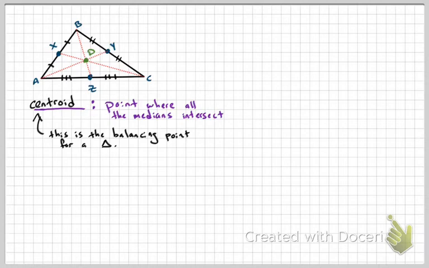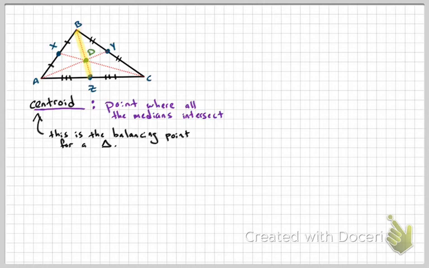So I want to draw our attention to median BZ. All right, now median BZ is broken up into two different segments. You have segment BD and segment DZ. Now, what's going to be important here is that BD's length is always going to be a consistent ratio to BZ.